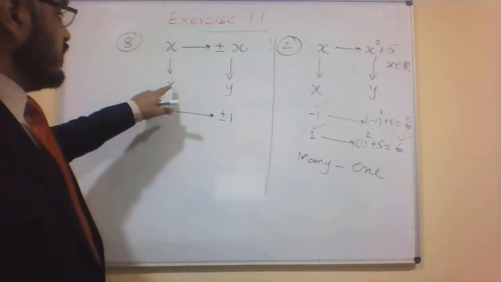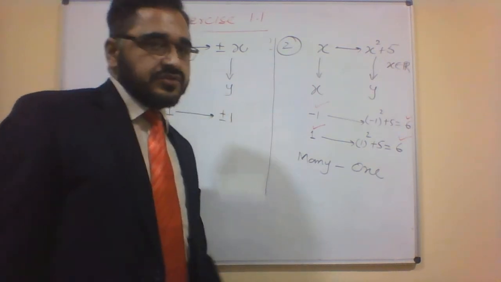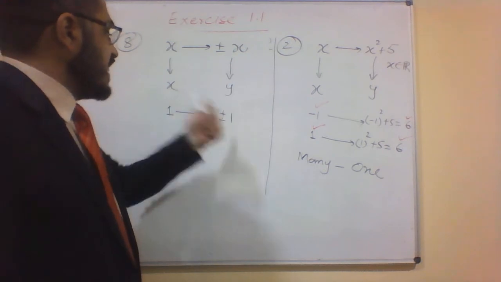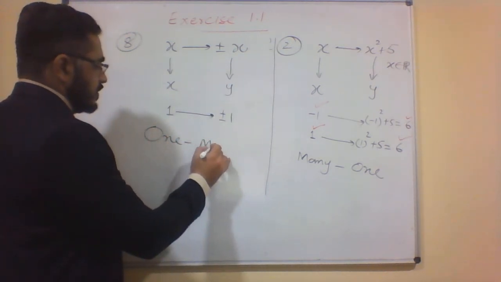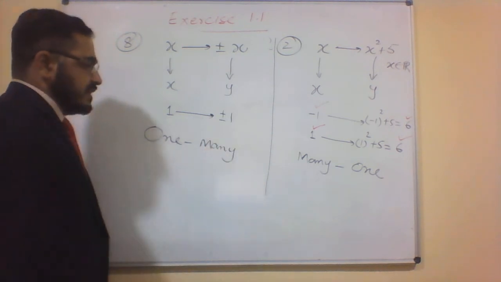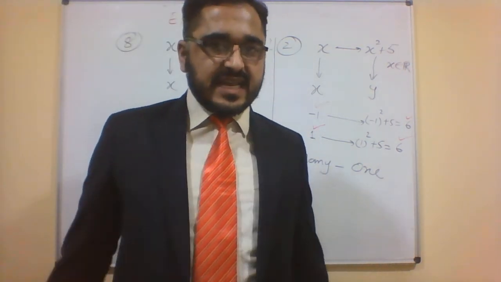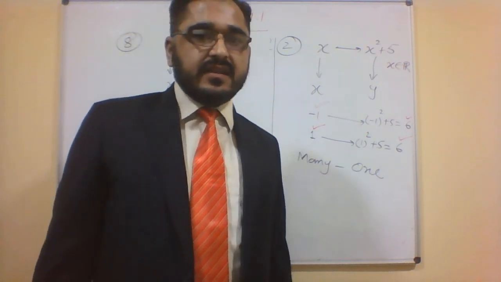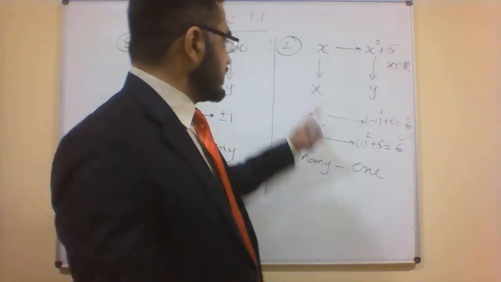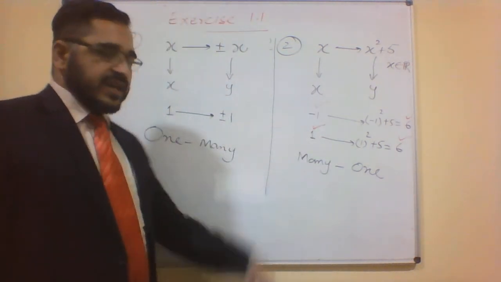It means for one value of x we get two different values. So this is one-many. This was the last question of this exercise. All others are one-one, question number 2 is many-one, and question number 8 is one-many.